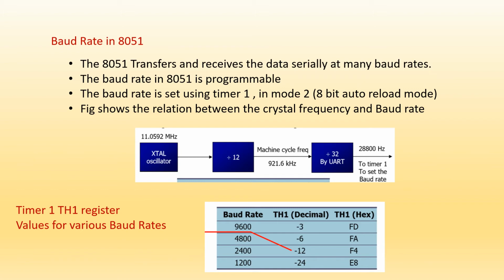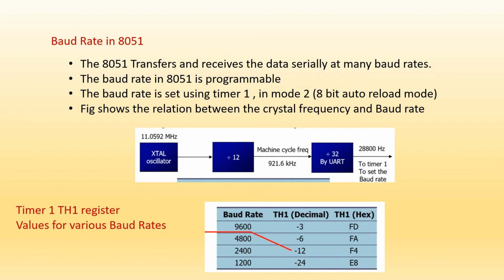If I want a baud rate of 9600, then TH1 has to be loaded with -3, which is -3 in decimal and FD in hexadecimal. So if TH1 is loaded with FD, when the timer begins, TH1 is copied to the TL1 register.